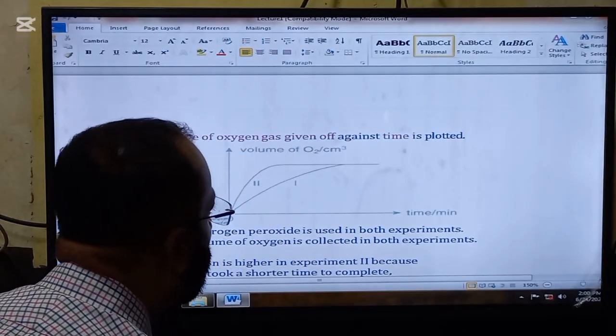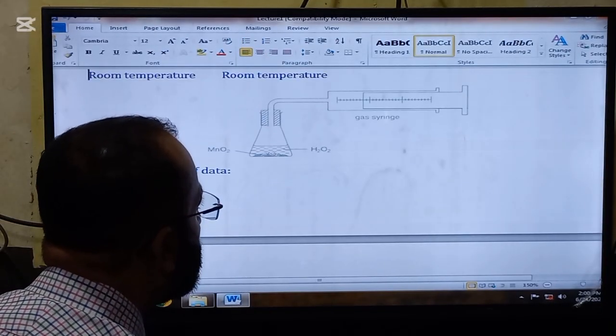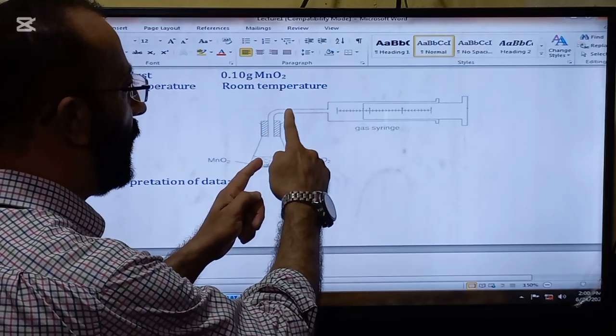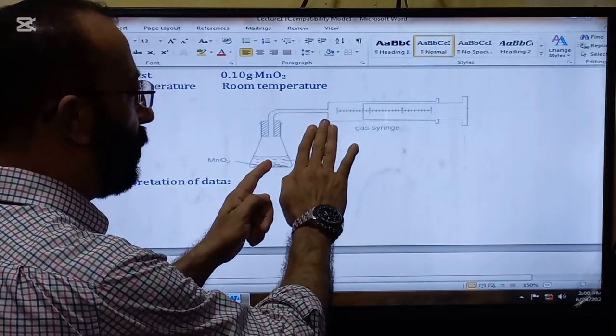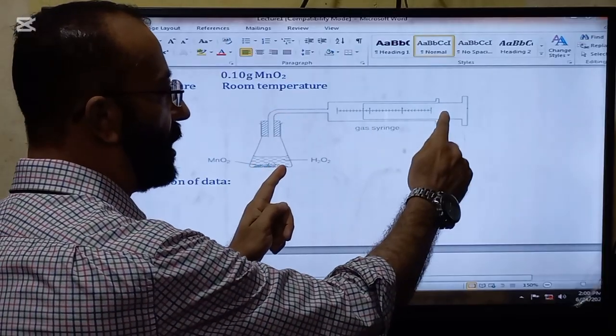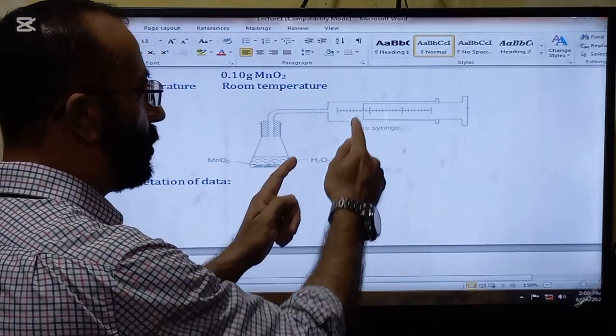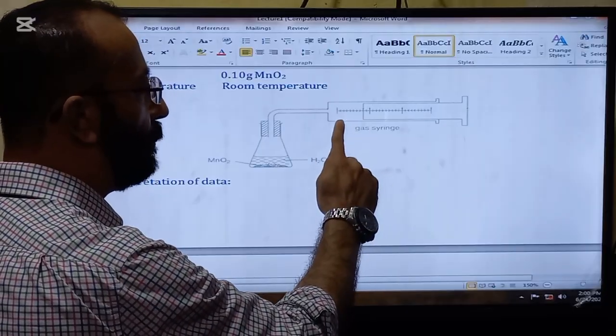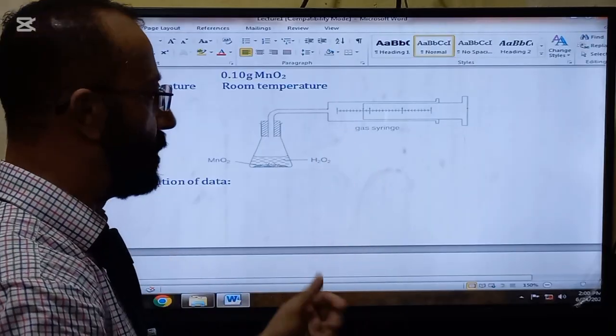Look now at how the O2 produced can be observed. When O2 is produced, it goes into the syringe. The more O2 is produced, the more it pushes the plunger to the right. From here we can note the volume of O2 produced with time.